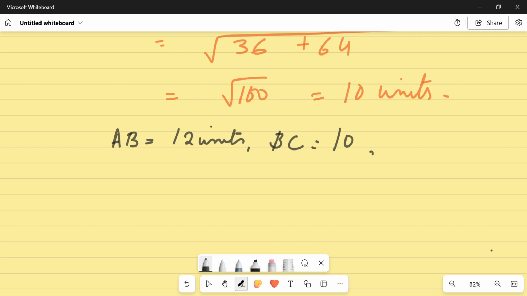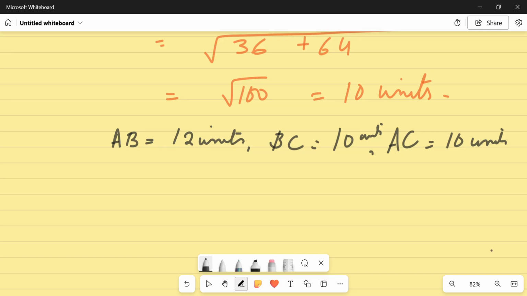AB was 12 units, BC was 10, and AC is also 10 units. And here also units. I forgot to write down units here.